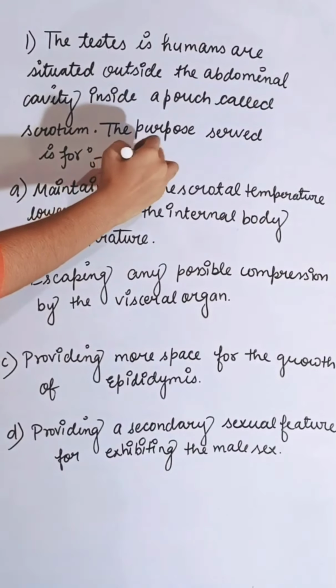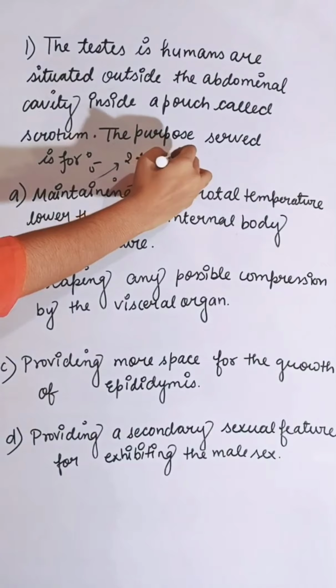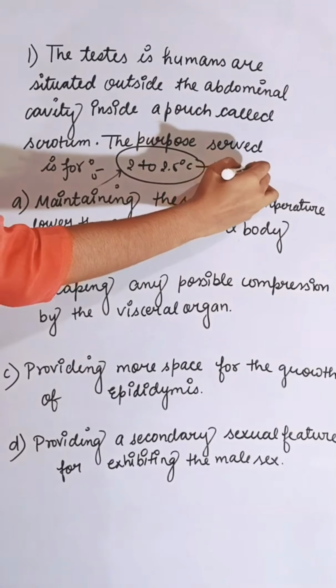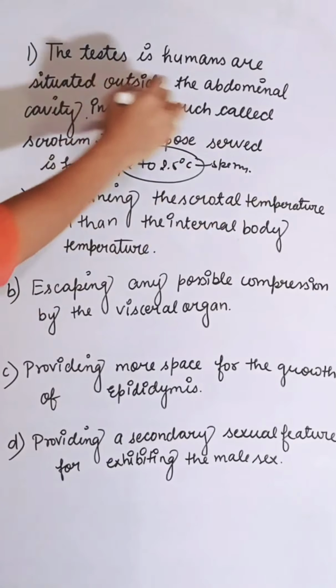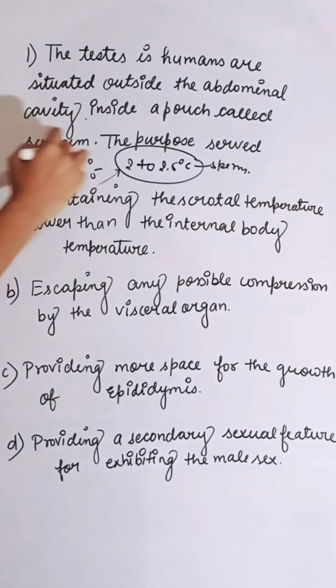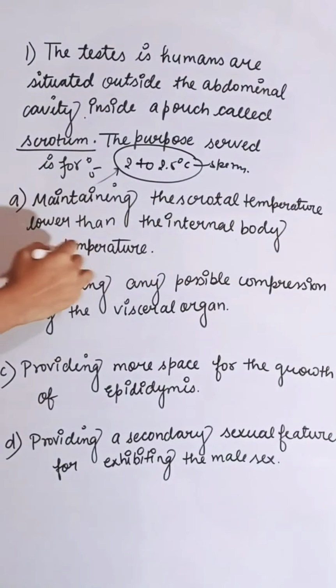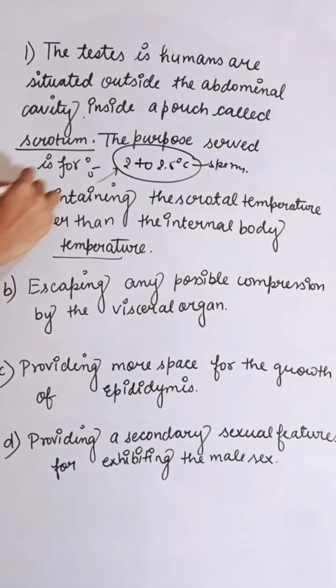Testes need a temperature 2 to 2.5 degrees Celsius lower for the formation of sperm. So the testes are situated inside the scrotum to maintain a temperature lower than the internal body temperature. So the correct answer is A.